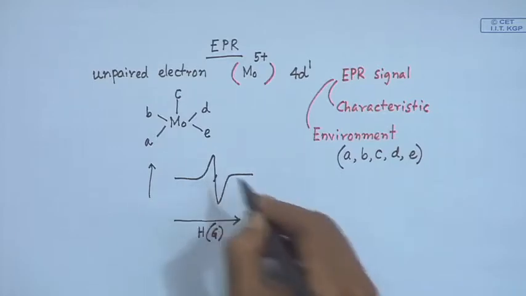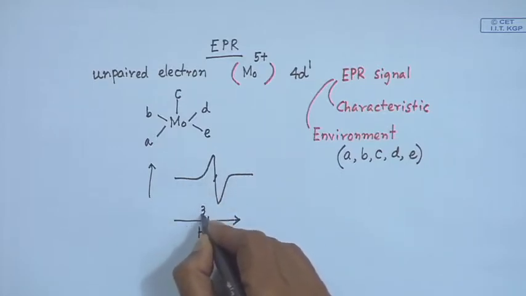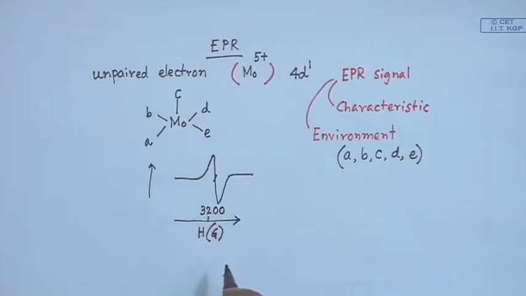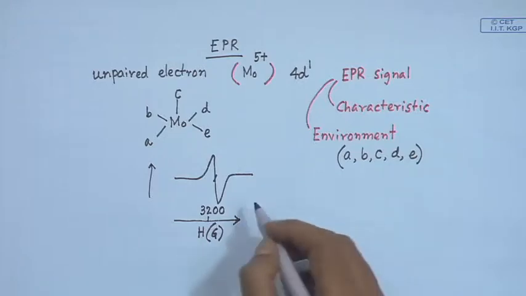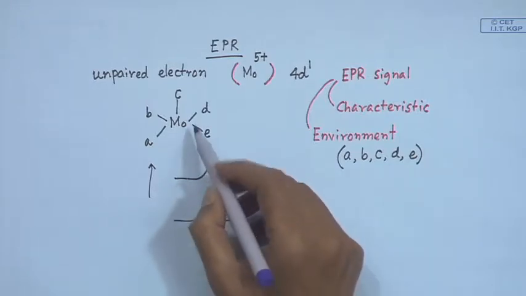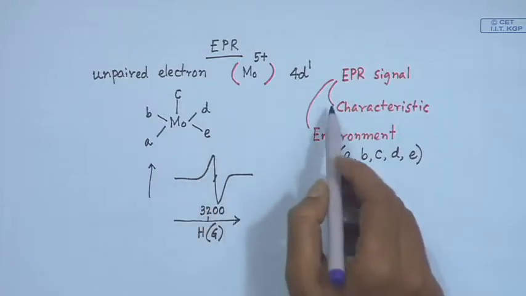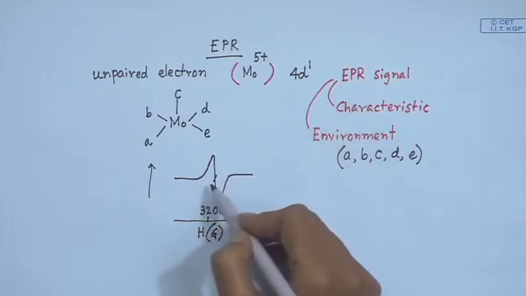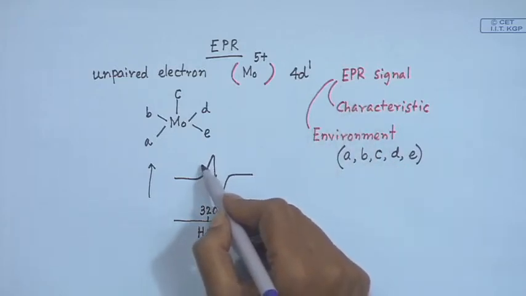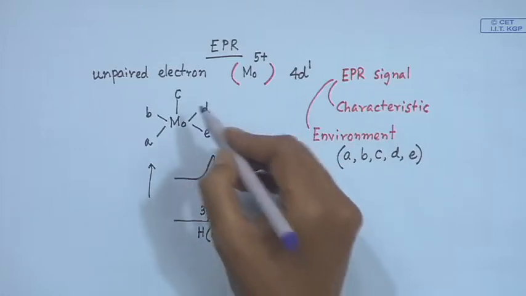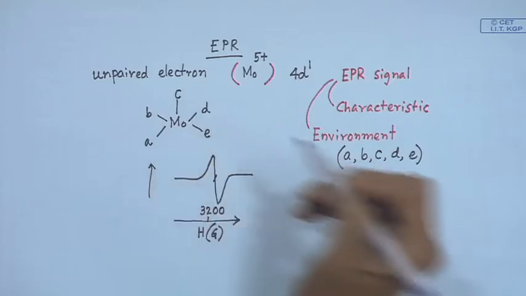If we get some value, say 3200 or some value of Gauss, this is characteristic for the unpaired electron bearing center. And if there are some other groups, these two electronic paramagnetic levels get split and we get the splitting around this position or in some other position if there is interaction from either A, B, C, D or E.